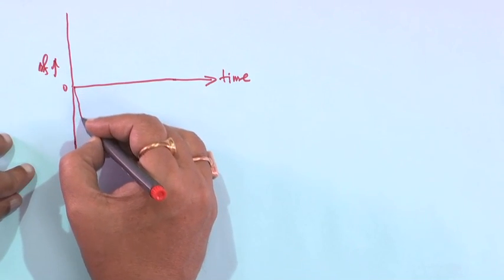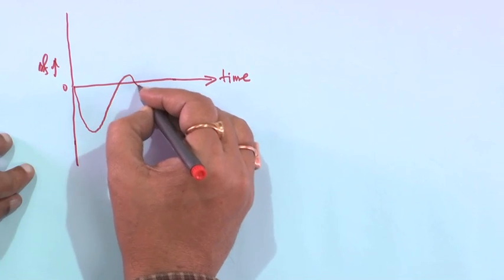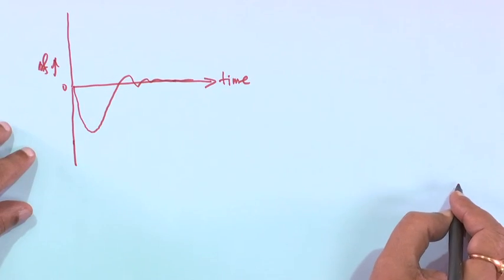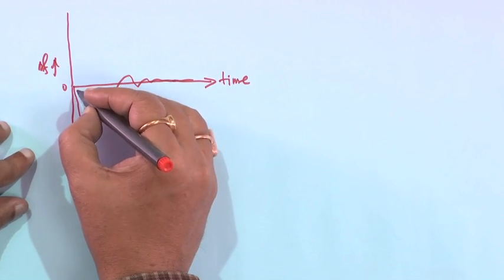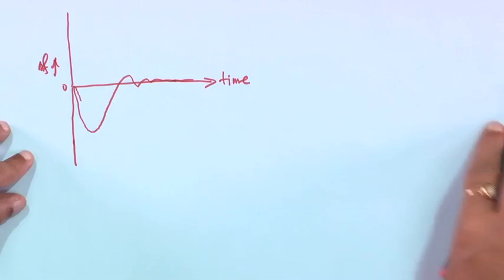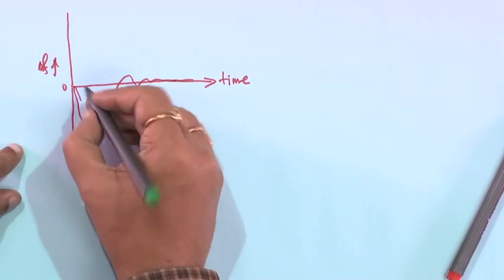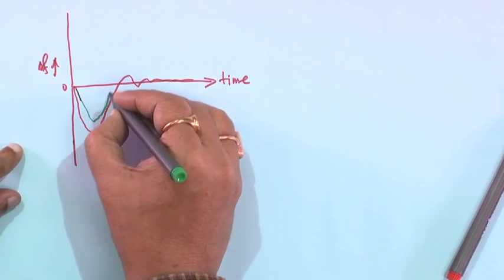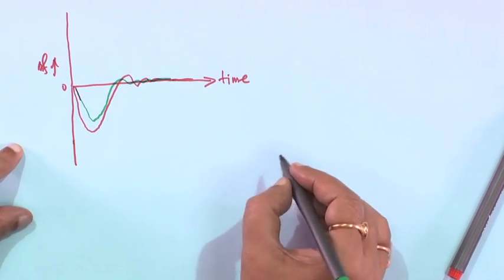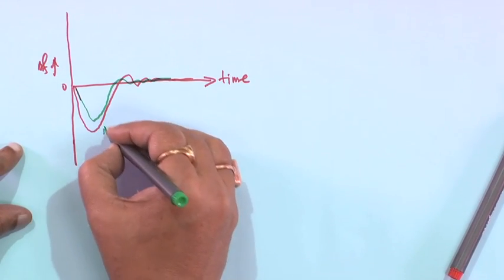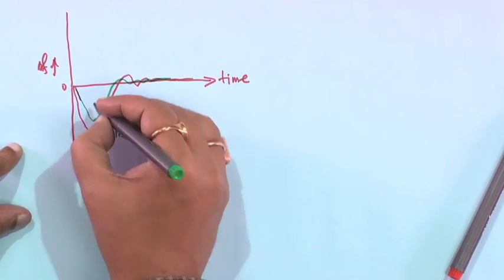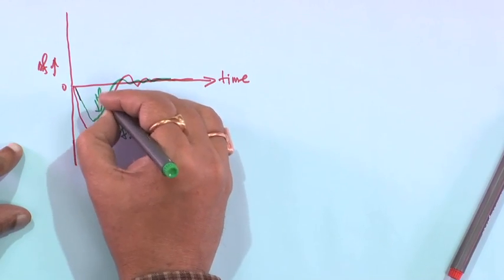So, frequency will maybe go like this, and finally it will settle to 0. This is frequency in area 1. Say area 2, let me make use of another ink, area 2 also it will go like this and go to 0, right. So, this may be delta F1, disturbance is in area 1, and this is also delta F2, right.